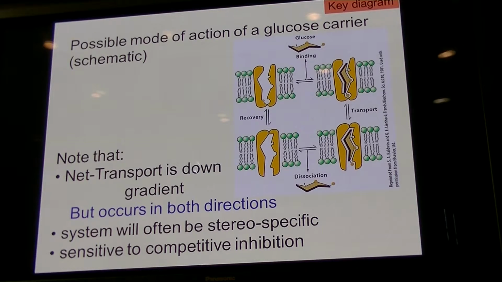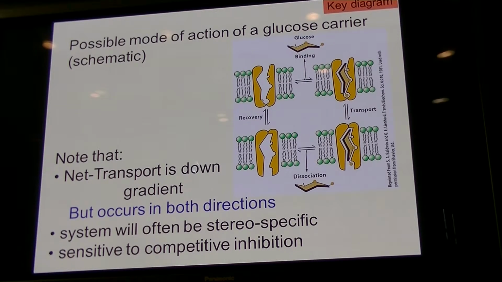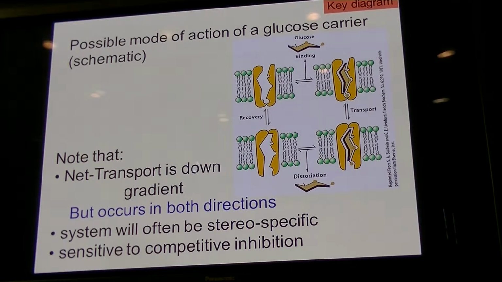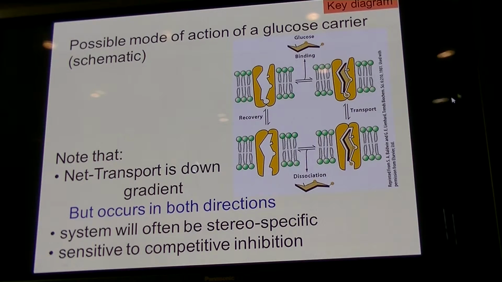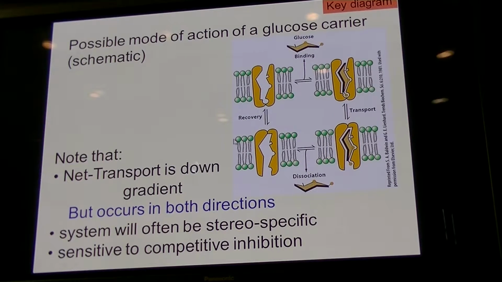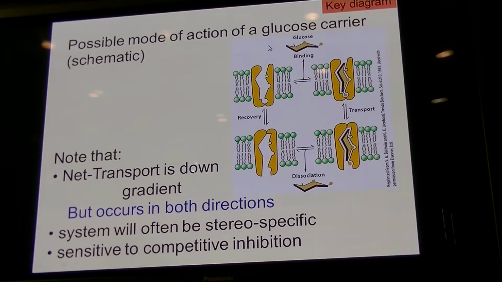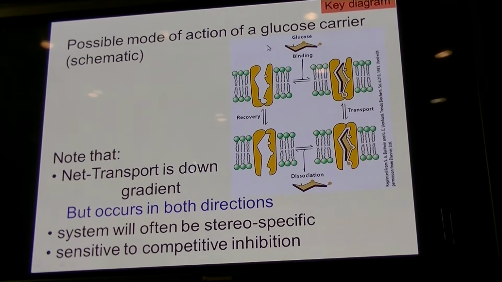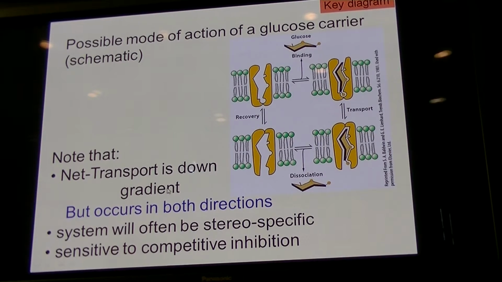There's fast transport from high to low and slow transport from low to high concentration. Think about it like that. So we can say there's a concentration gradient, and I'll use that term a lot. What I mean with that, there's a difference in concentration for a molecule on one and the other side of the membrane. So the net transport is down gradient, however it occurs in both directions, remember.